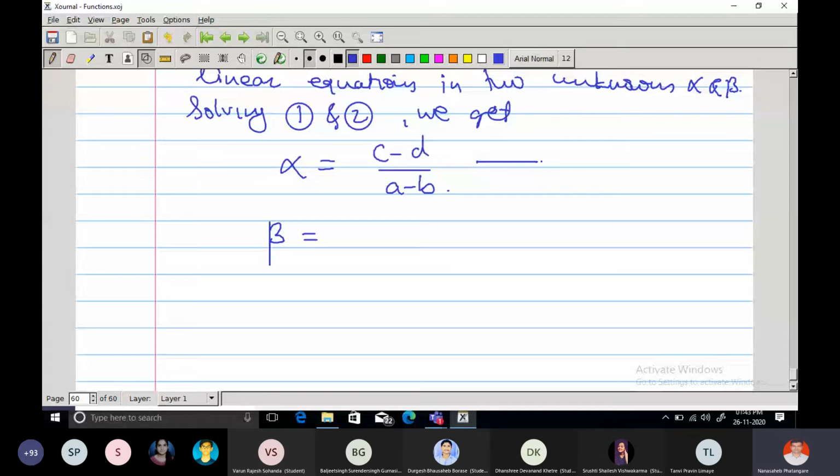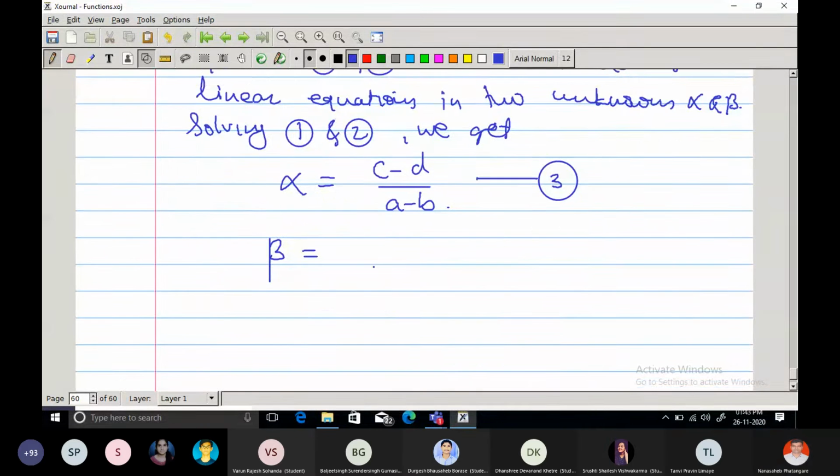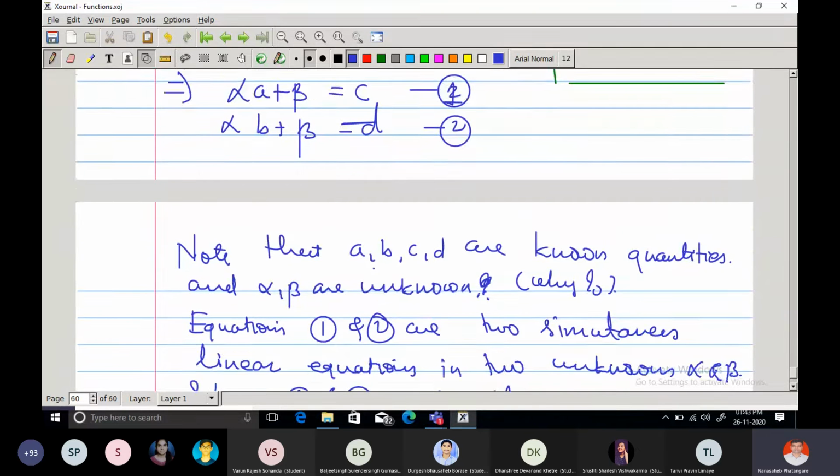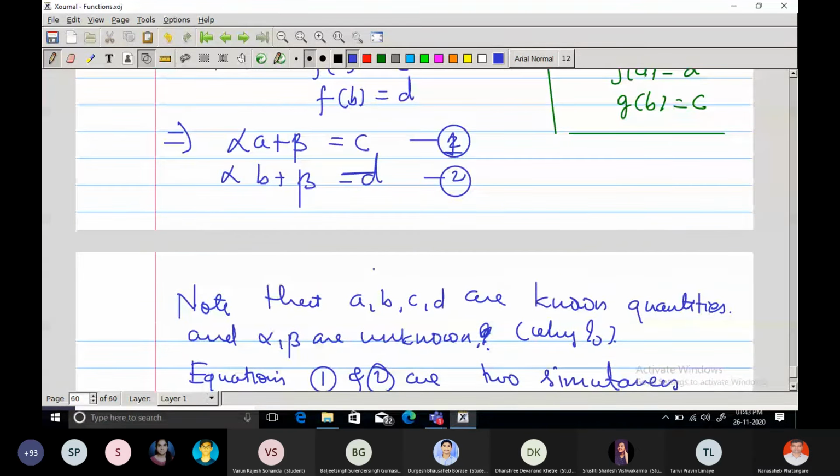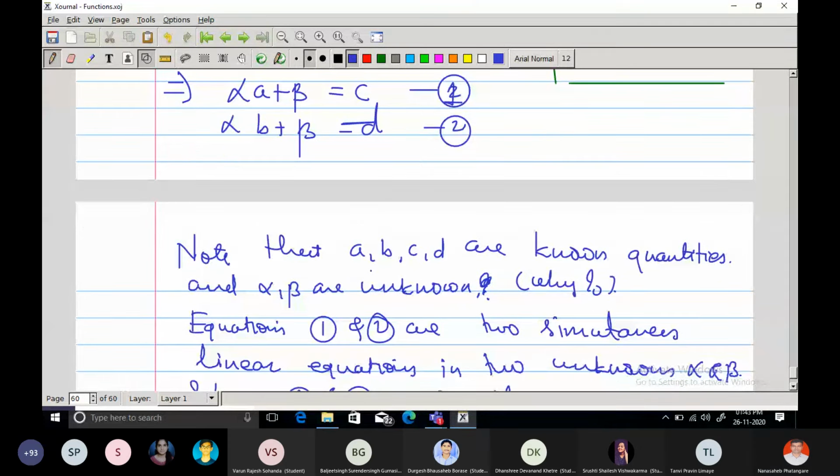And what is the value of beta? What is the value of beta? Solve for beta. Right.